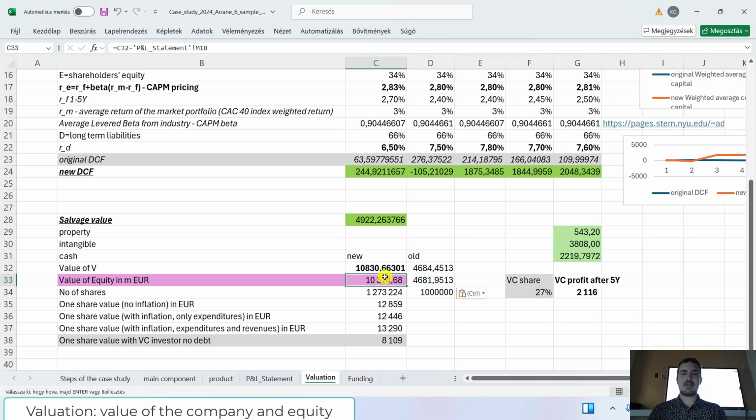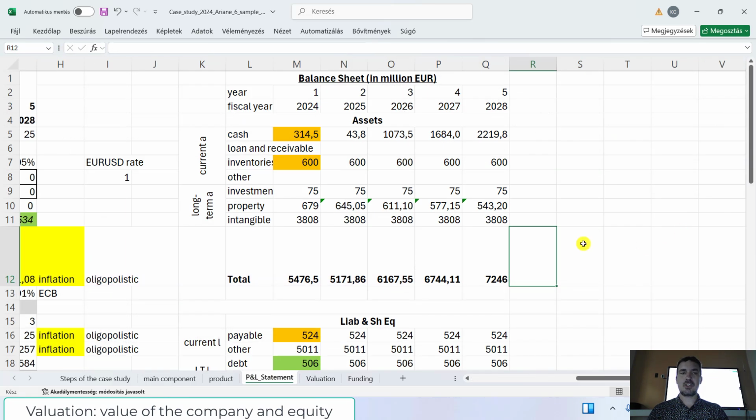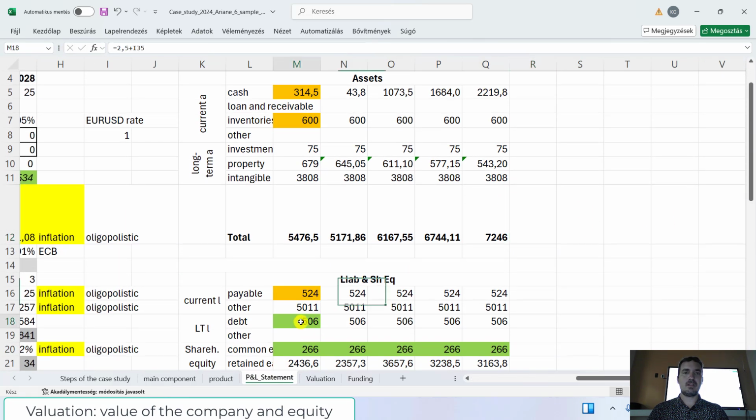But here we have to take all the debt, remove everything else, and then this number minus 18, which is supposed to be the debt.